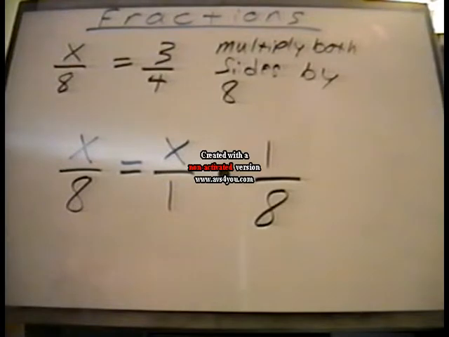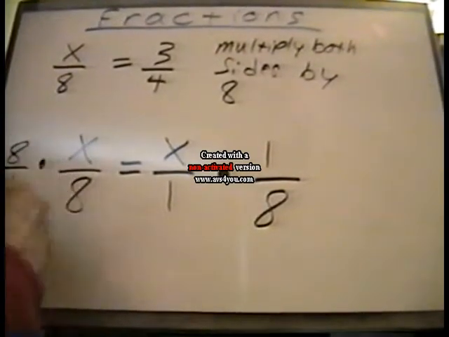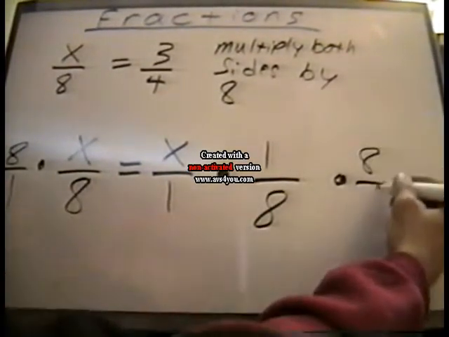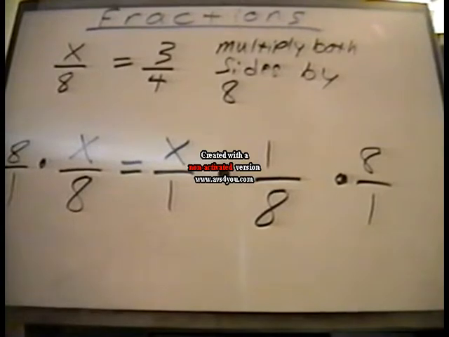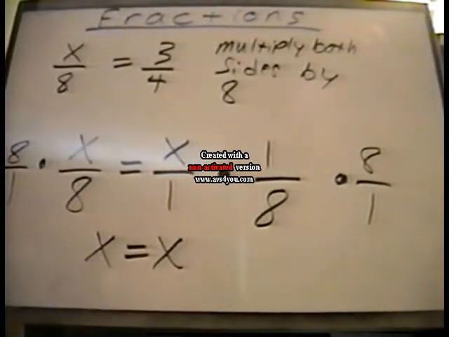Okay, so if I multiply both sides by 8, which is equal to 8 over 1, that's going to cancel out my 8. It's going to become x equals x. Now we're just talking about this term.